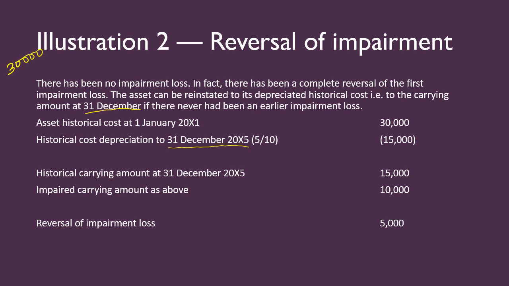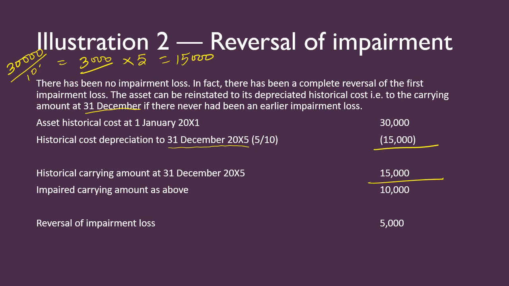Life was 10 years, so the depreciation per year was 3,000. For 5 years, 3,000 multiplied by 5 means 15,000 is the depreciation. So 30,000 minus 15,000, the historical cost value on that date, is 15,000.